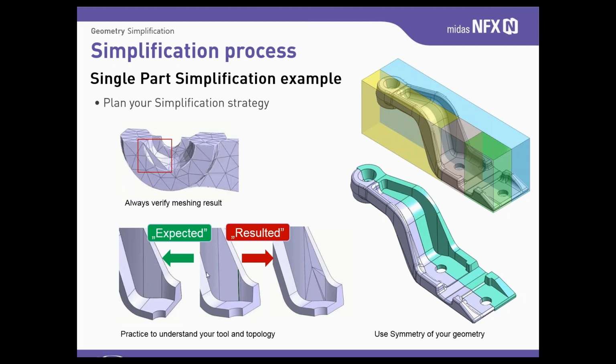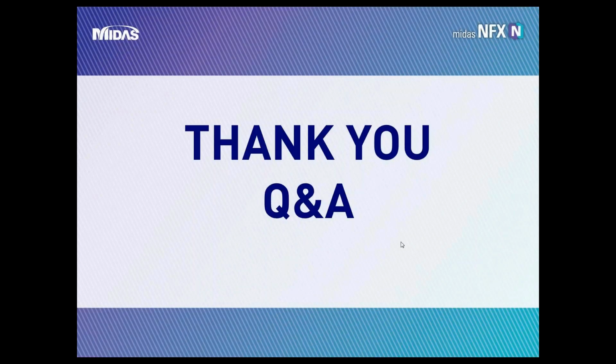It always requires a little bit of experience, because even if we think that something is easy to remove, for example, if I want to remove this edge, usually I can get this result, but the order of selection is also important. So if I click this one, I will get a proper result. So always verify your meshing result after simplification, because you can waste a lot of time when you don't do that.